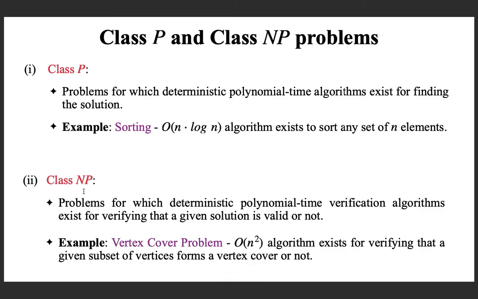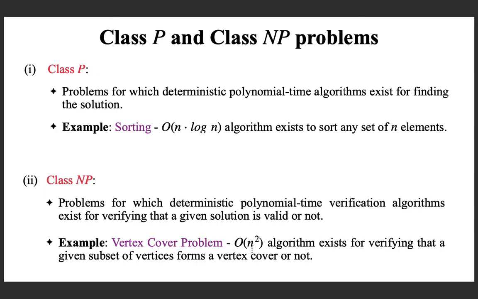Example, the non-deterministic algorithm for vertex cover is of exponential complexity. But if someone is giving you a set of vertices claiming that that set forms a vertex cover, then we can use a deterministic algorithm to verify whether the given set is a vertex cover or not in order of n square time.